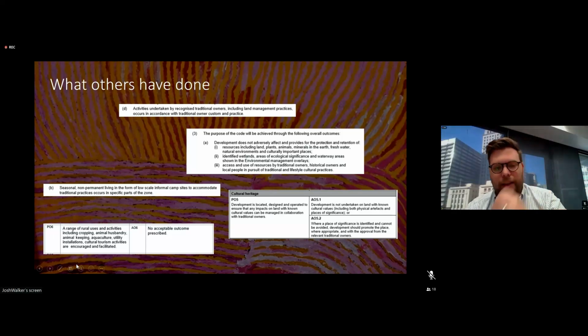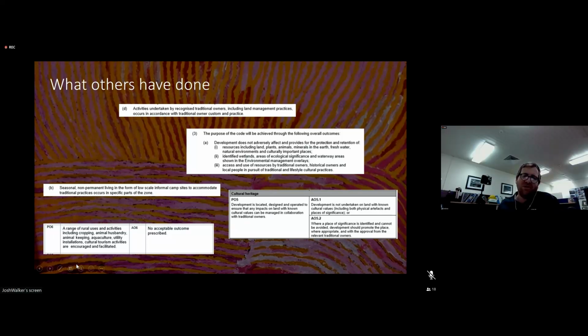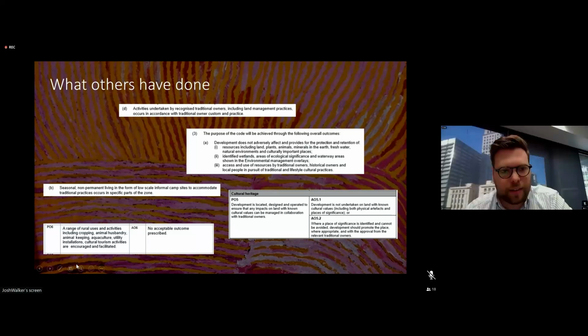So that's not particularly written well. Yeah, I think that's also right. Some things that they have done okay there, but is talking about the scale of development and it being limited to campsites. So there's kind of parts in there that are okay and parts that aren't.